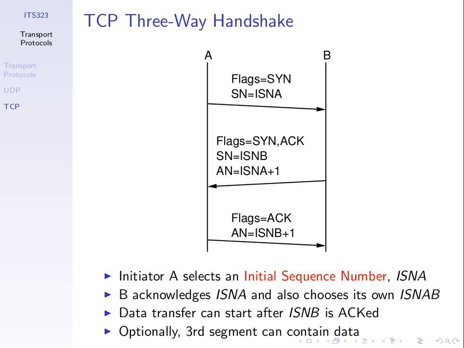But this concept of setting up a connection before we send data is similar to the concept of virtual circuit packet switching, which is, before we send our data, we set up a connection. So the concept is the same or similar. And other protocols may use this concept as well. But we would not say that TCP is virtual circuit packet switching.